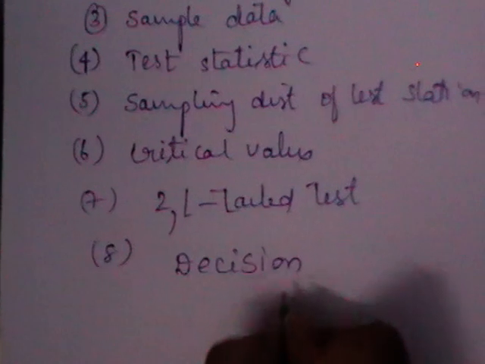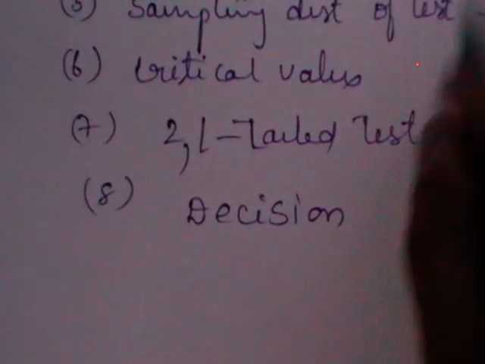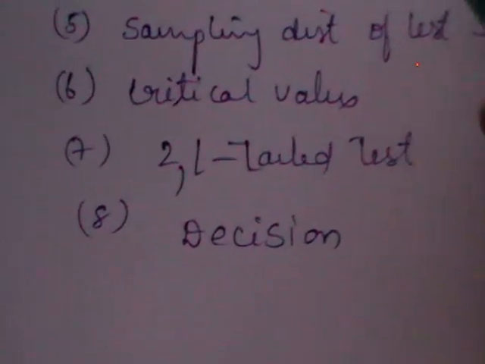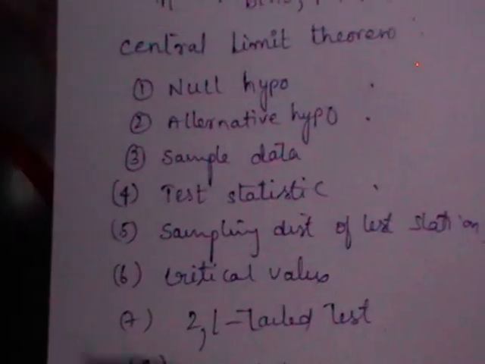These are the major steps, whether those are non-parametric or parametric tests, we are going to follow. Framing the null hypothesis, alternative hypothesis, writing the test statistic, its distribution, one-tailed or two-tailed, and decision.